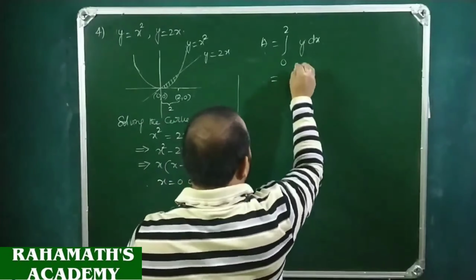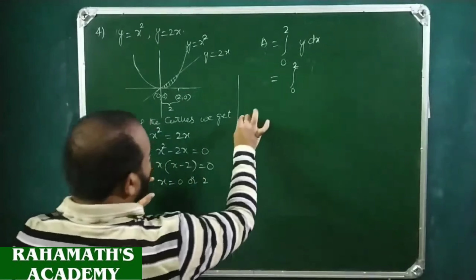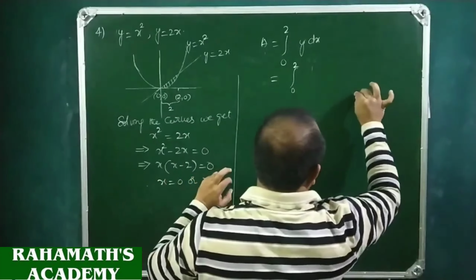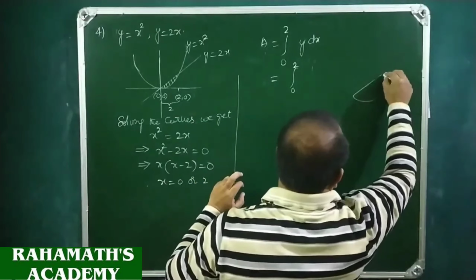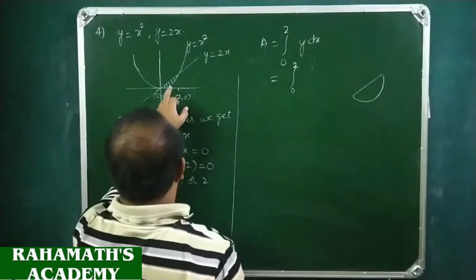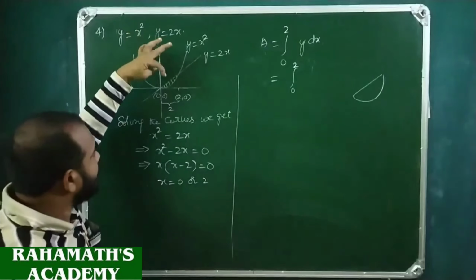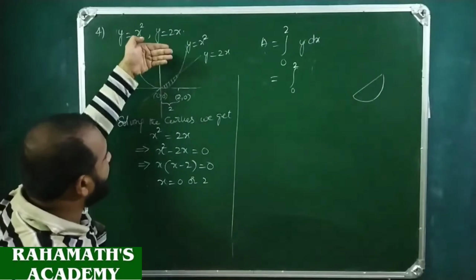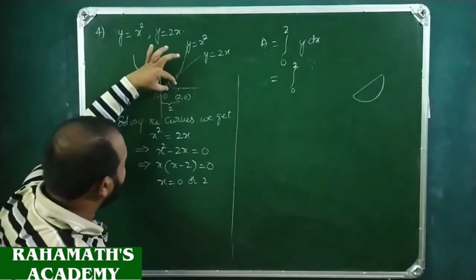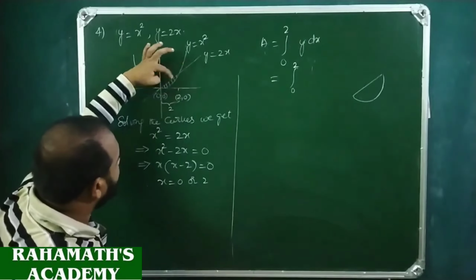So 0 to 2 here, if you see this, this line is above the x-axis. This is the upper curve and this is the lower curve. So both are by dx.